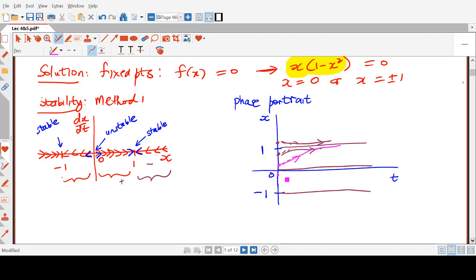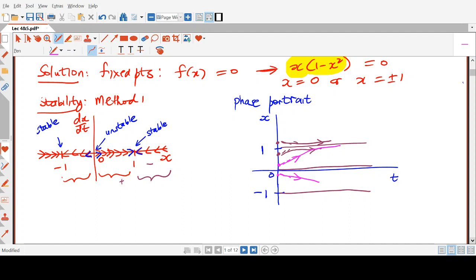So the tangents are pointing downwards. I mean, it's sloping like that. You see the direction? That's a negative slope. That little piece of dash there is a negative slope. So the thing is going off like that. You can see they are diverging. They're going away from the 0. So slight disturbances from near 0 cause the solutions to move away from the fixed point.